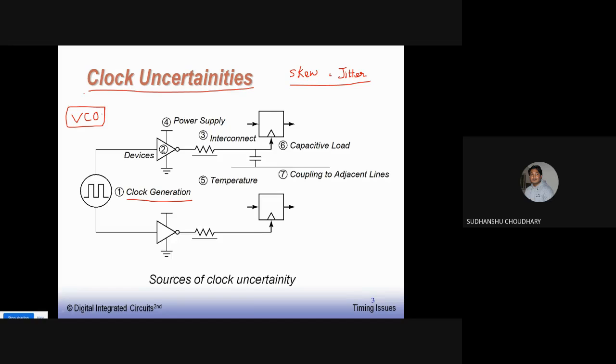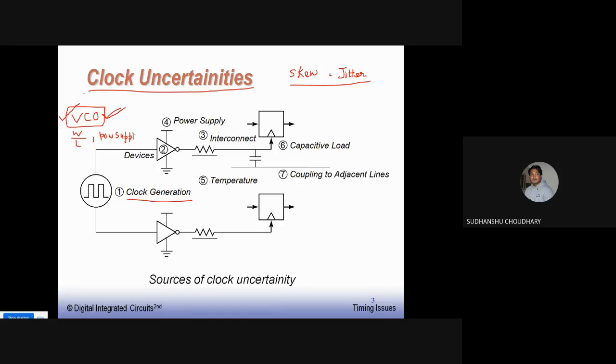You will require a VCO, that is a voltage controlled oscillator, and this is an analog component. It is very sensitive to device size variations and power supply variations, that is, it depends very much on the W by L ratio of the devices and on the power supply variations.